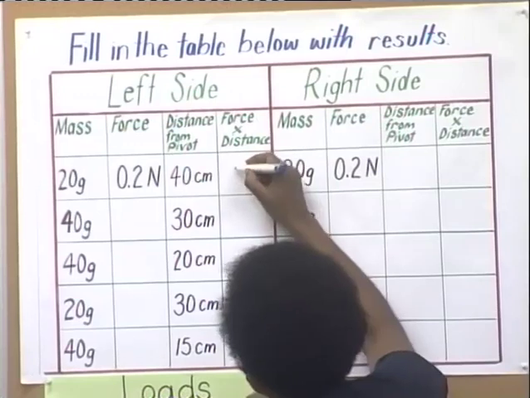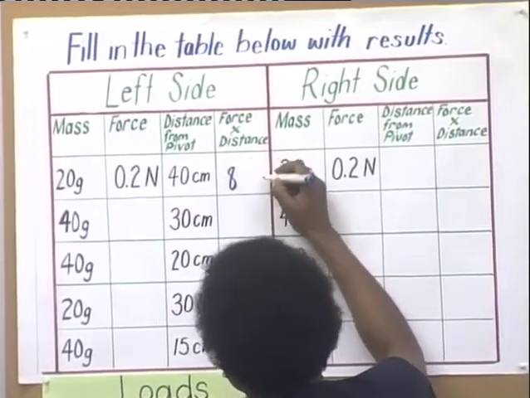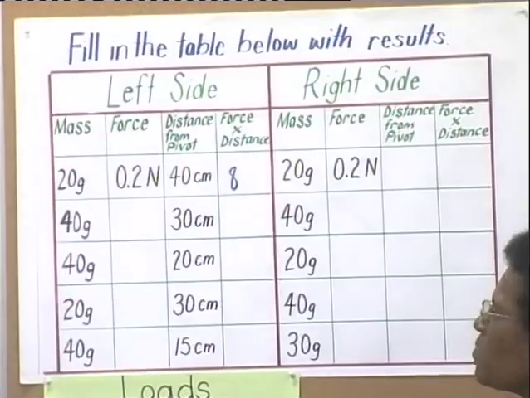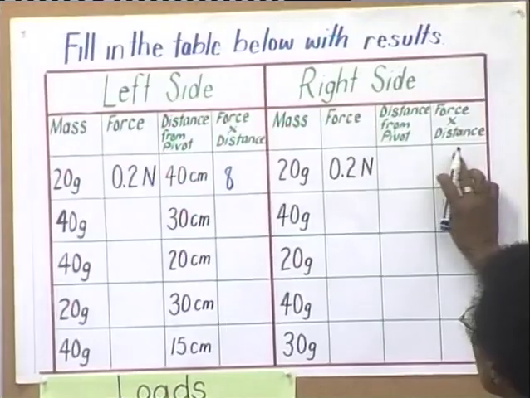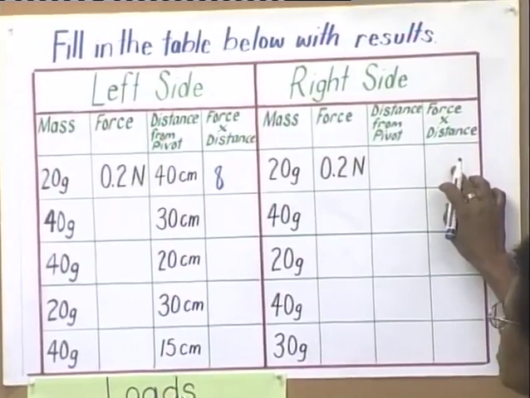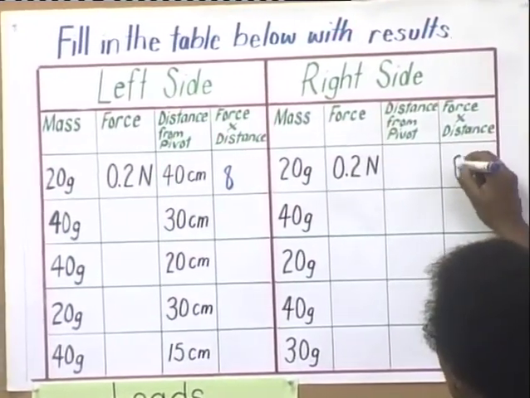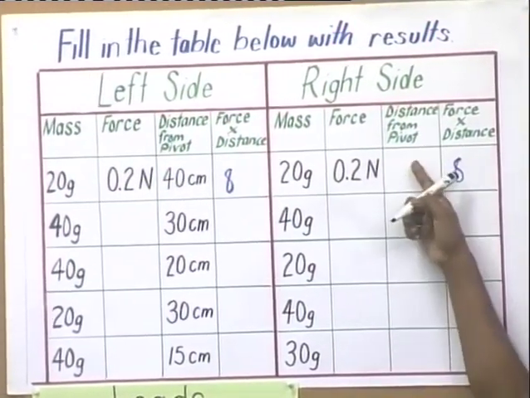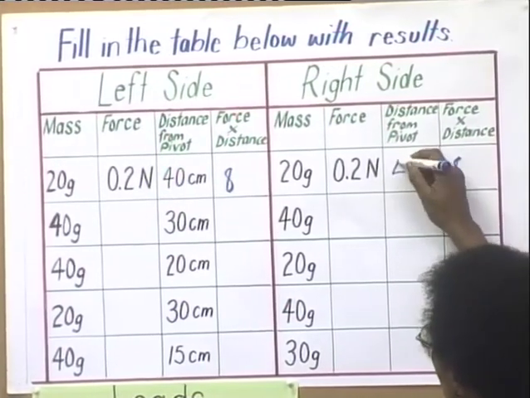Left side. 8. 8. And 40 centimeter, sorry, this one here. 8. 8. Now what was your distance? 40. 40 centimeter.